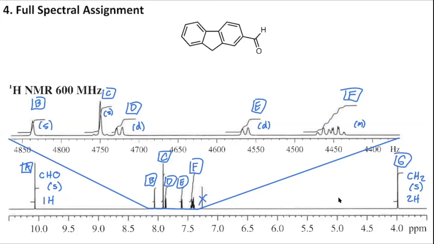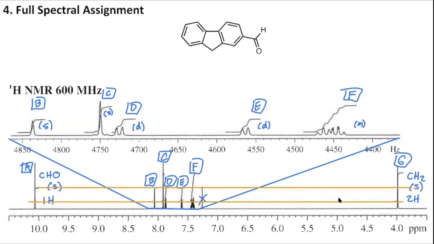So what we can do is draw a straight line along the bottom here that's going to match up with the bottoms of all of our integrals. And then if we simply copy that one over and align it with the top of the integrals, we now have a little height chart that tells us which integrals correspond to 1 proton and which correspond to 2 protons.